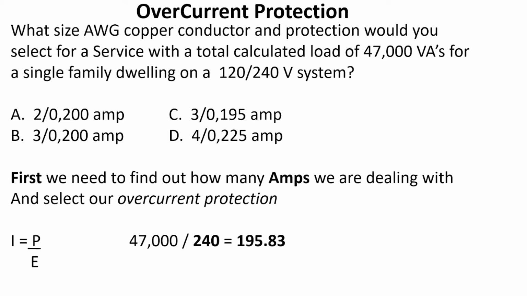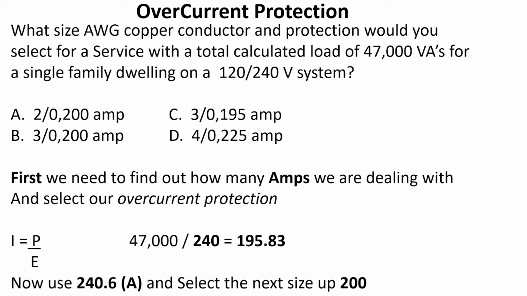So we just divide our total VAs by our system voltage, and that's going to give us 195.83. Now we use 240.6A, which is our standard ampere rating selection table, and we select the next size up of 200 amps.